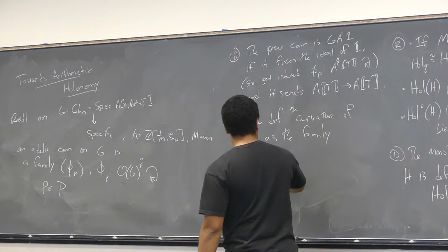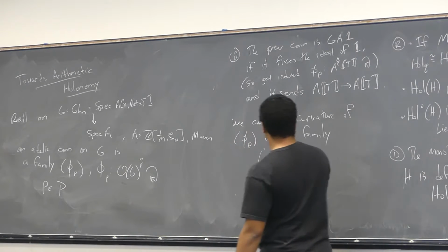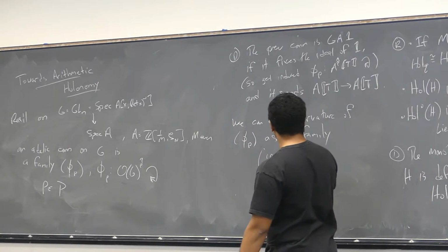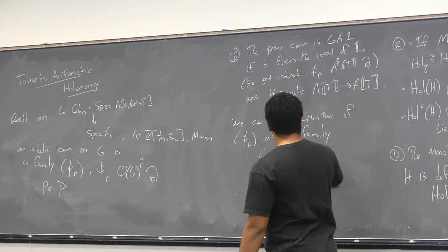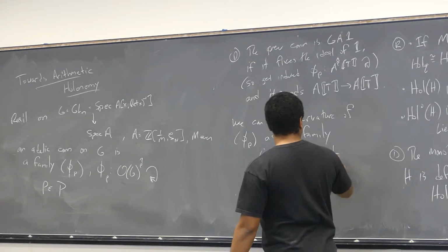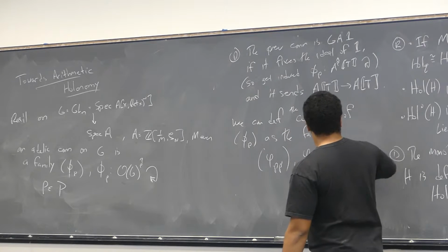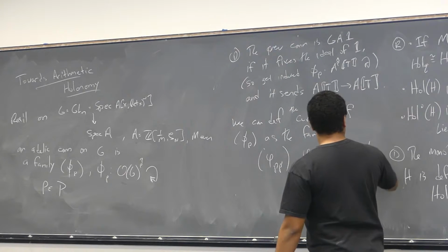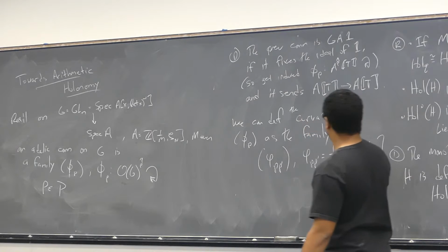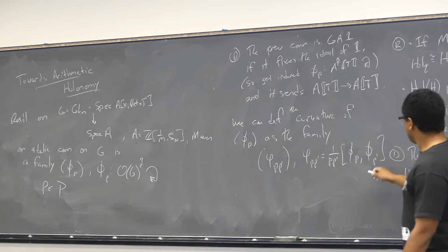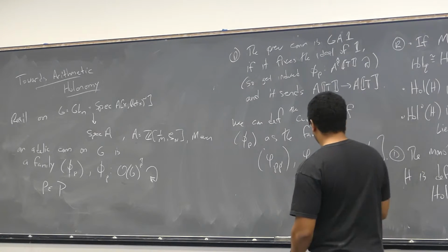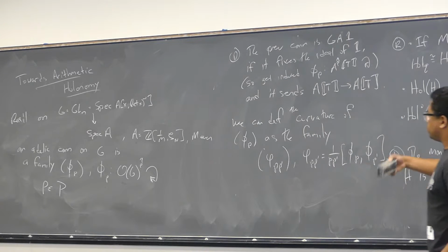So, yeah, p and p prime, two different choices of primes in my set P, where the curvature is the commutator of these two maps. So we've got a connection, we've got curvature.